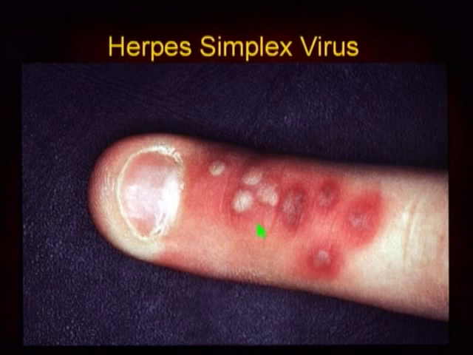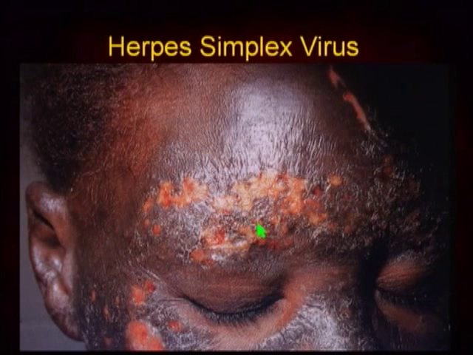Something you might consider in the differential here is gonococcemia, because remember that was a vesicle with purpura in the background, but you don't tend to see those gonococcemia pustules in clusters like this. When you see those clusters, you definitely need to think about HSV.